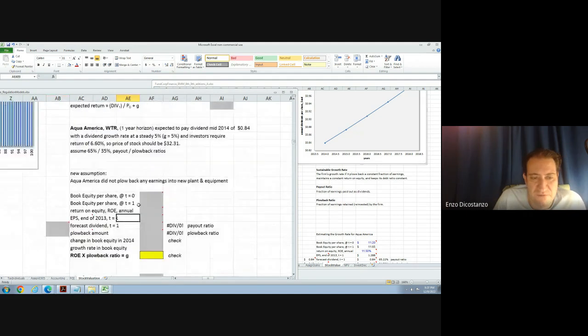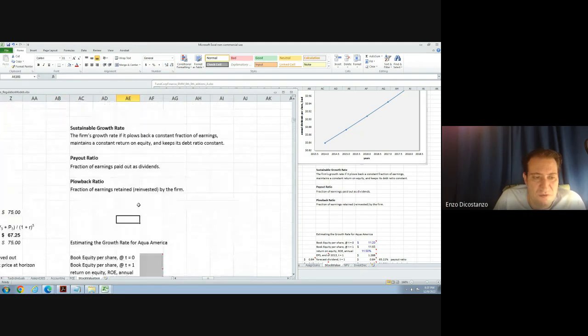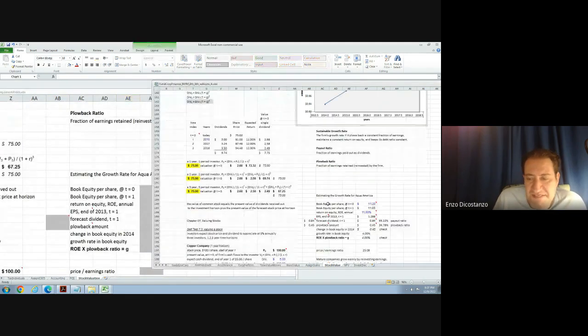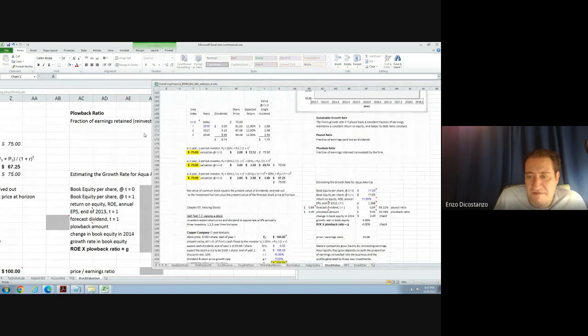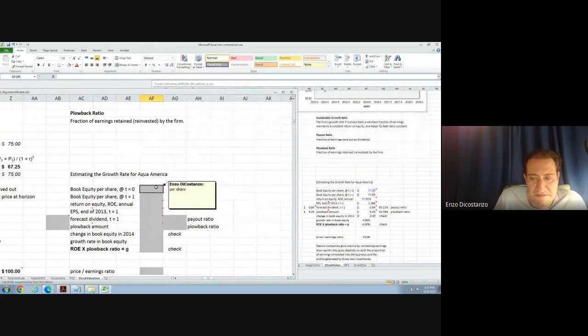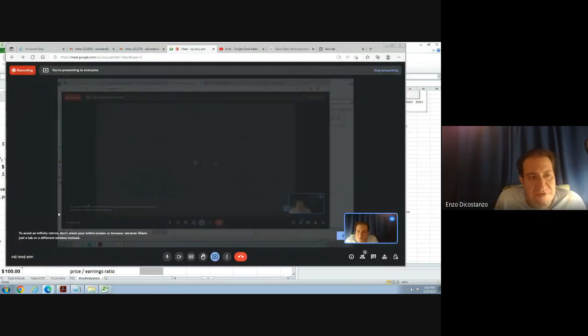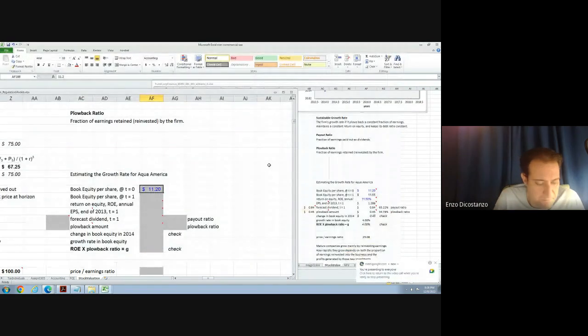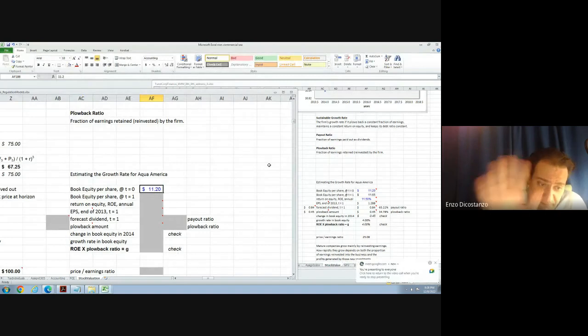Okay, so we have a little bit more to go with this. This next piece here, this is $11.20 at your measurement period. That's a book value, or book equity, $11.20.